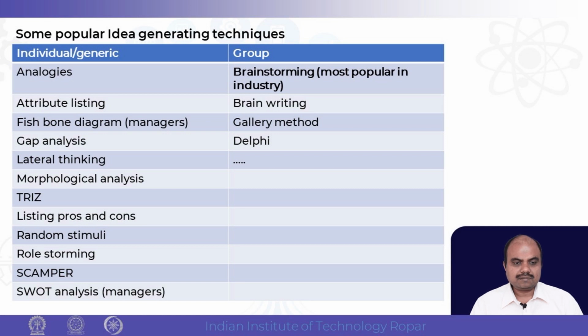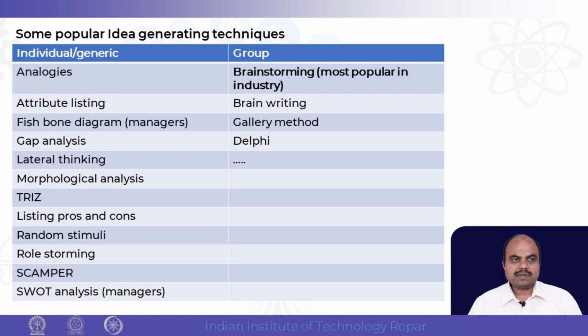SCAMPER, we are going to discuss more on this. SWOT analysis is again used by managers: strength, weakness, opportunity, threat. However, brainstorming is one of the most popular methods in groups, though small groups can also use it. We are going to use this brainstorming method in this course.